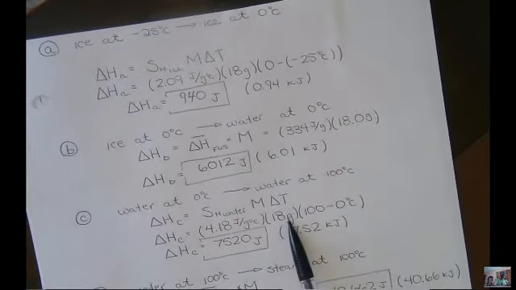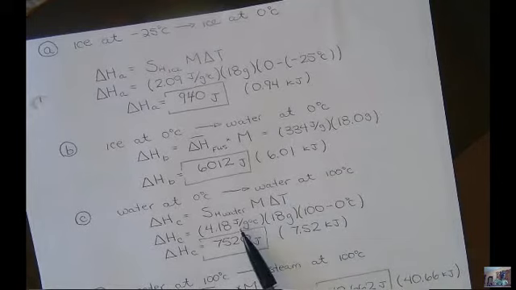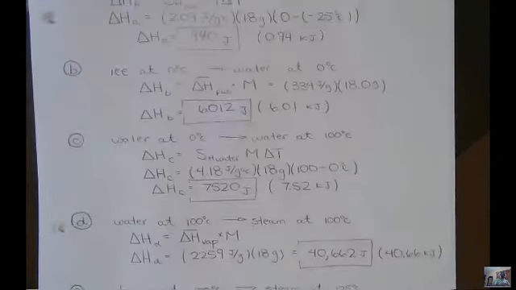Multiply by our 18, which is the mass, multiply by the change in temperature, which is positive. The final temperature is 100, the initial is 0, 100 minus 0 is 100. So this times 100 gives you 7,520 joules, or 7.52 kilojoules.